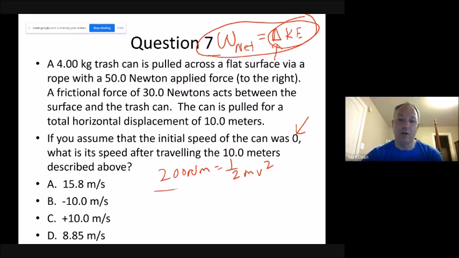Notice we've set our work equal to the equation for kinetic energy. So 200 Newton meters is equal to 1/2 mv squared. Here we know the mass is 4 kilograms, and we can solve for velocity. So I'm going to go ahead and go 1/2 times 2 and get 2.